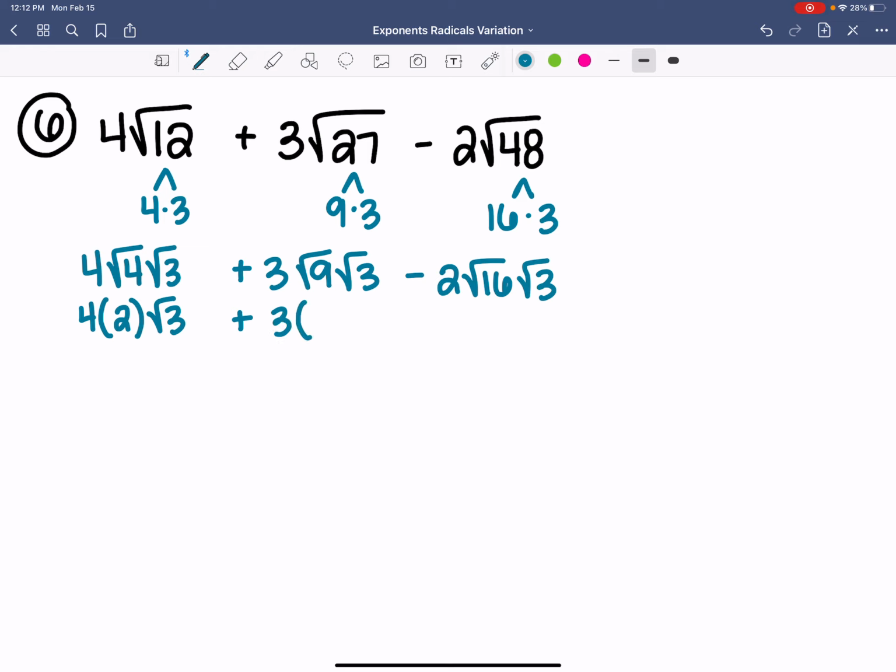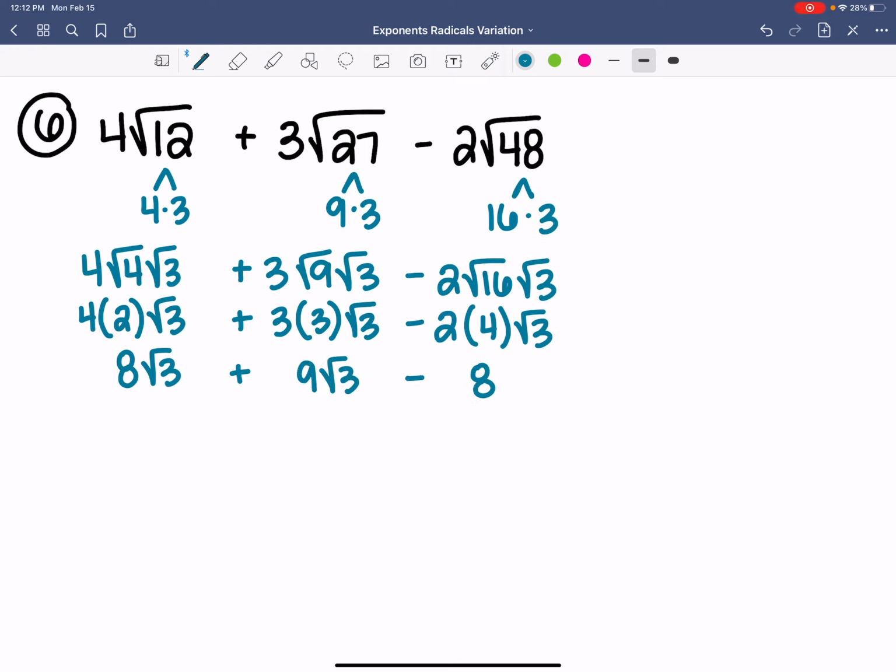All right, the square root of 9 is 3, square root 3. And the square root of 16 is 4, square root 3. Okay, so again, we want to continue simplifying those coefficients. So 4 times 2 would give us 8 square root 3 plus 9 square root 3 minus 8 square root 3.